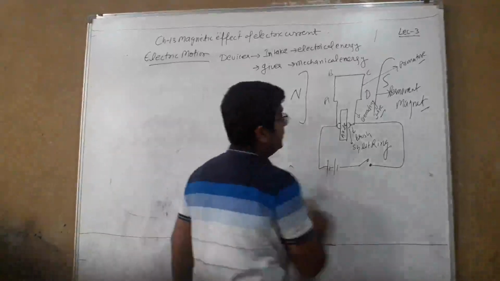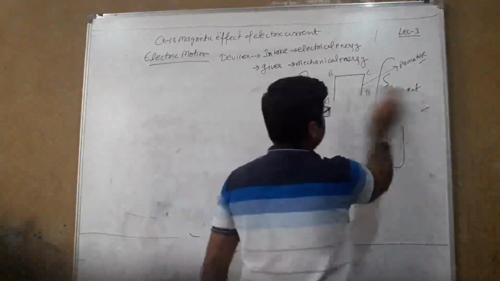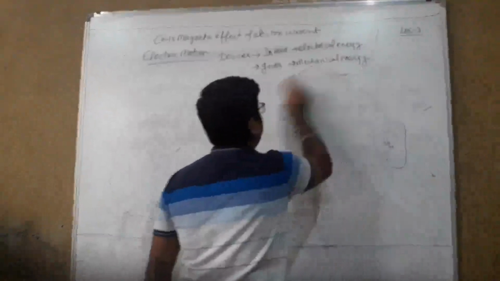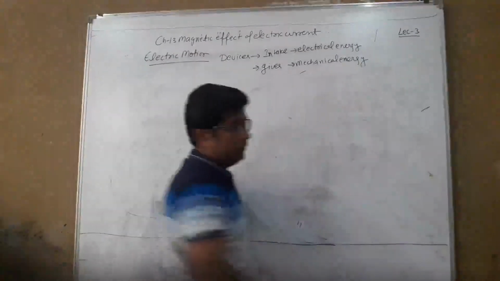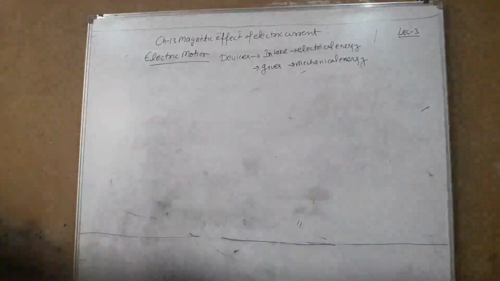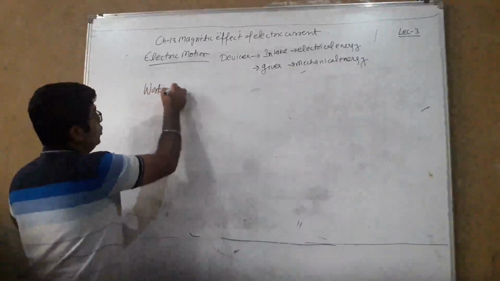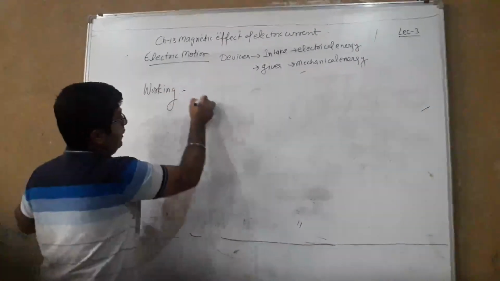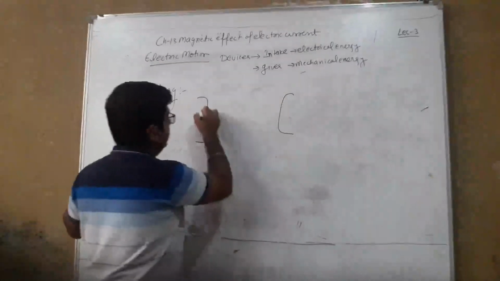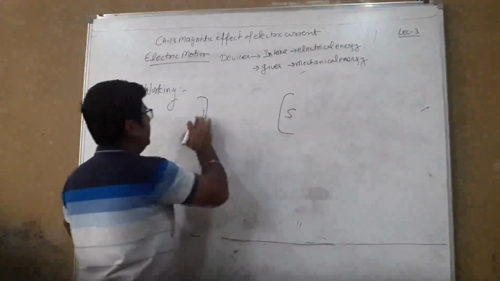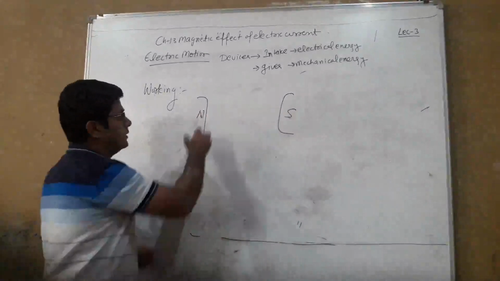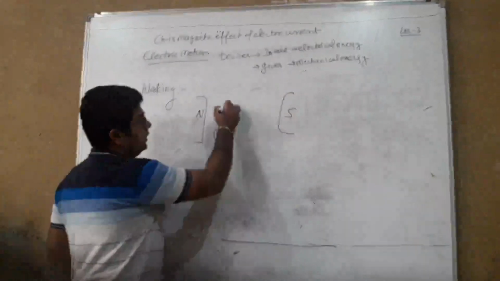Working of electric motor. Let me read through the diagram. So, in this, here we have a magnet, north and south pole. What is this?